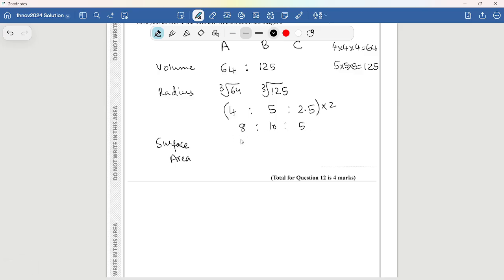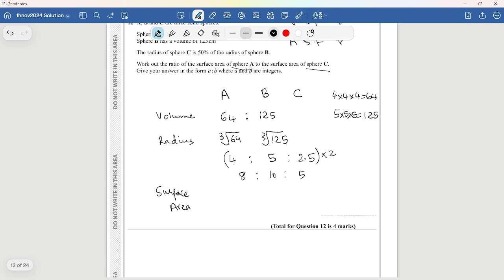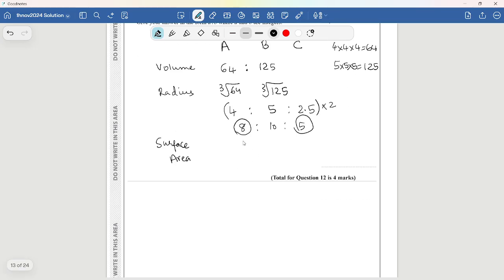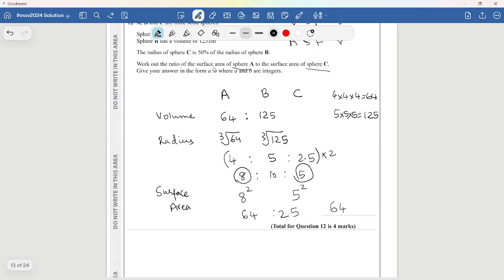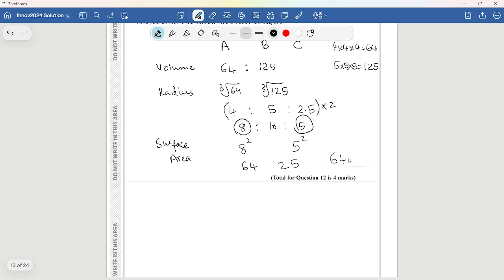But we need to only find the surface area for spheres A and C, so we are just using these two values. So it will be 8 squared and 5 squared. 8 squared is 64, 5 squared is 25. So it wants it as a ratio, right? So the answer is 64 to 25.